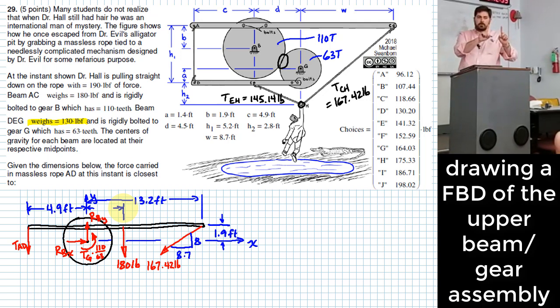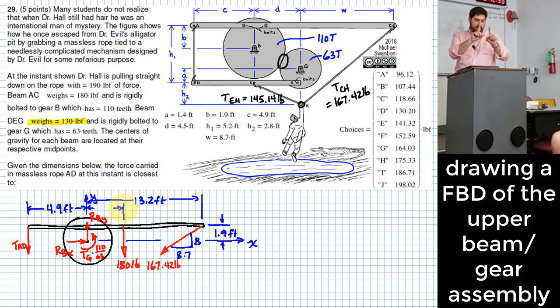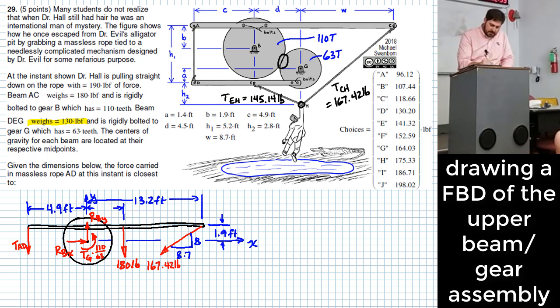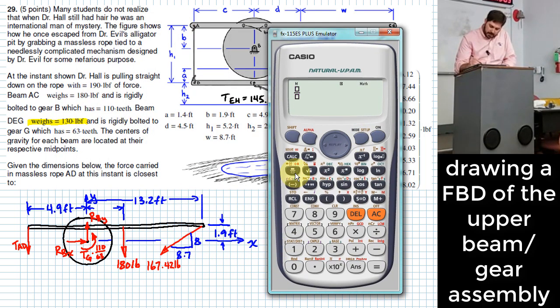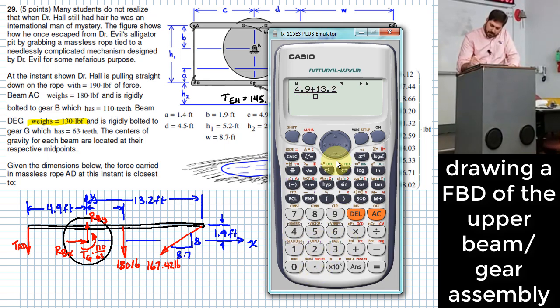You'd want to subtract the 4.9 so that you figure out how far it is from point B to the middle. Okay. So what that ends up being, I'll go ahead and use a calculator for that. Okay. We basically take 4.9 plus 13.2 and divide that by 2 and add 4.9. Okay, 13.95. Did I get that right?